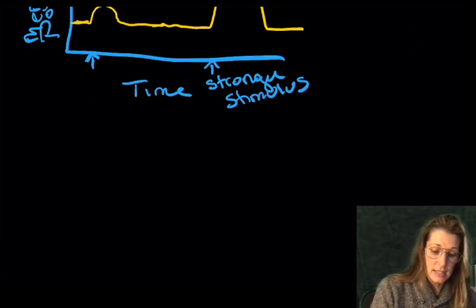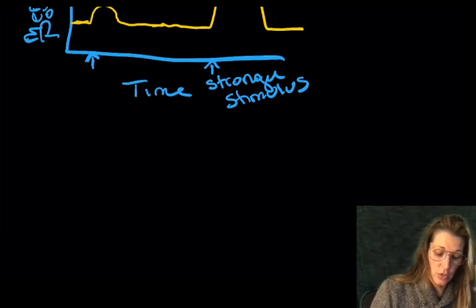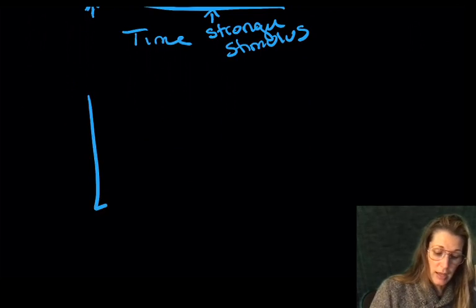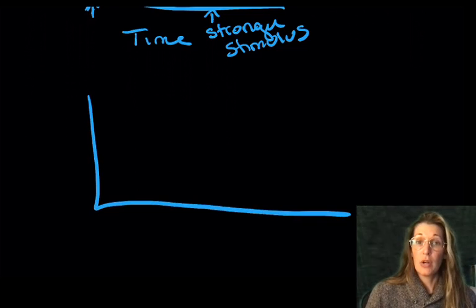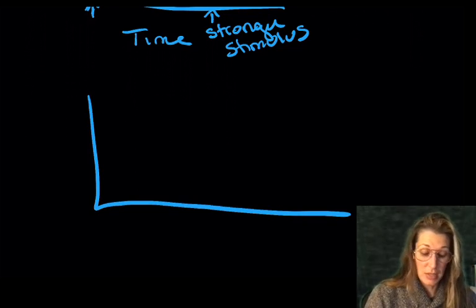Also, what we've already seen, and I'm just going to show you this another way on this plot, is that our graded potentials can be inhibitory or they can be excitatory.